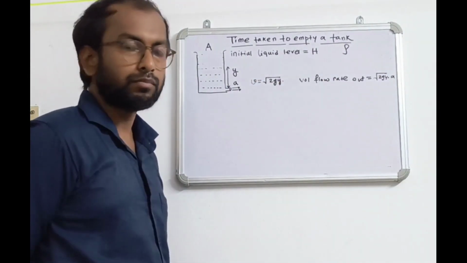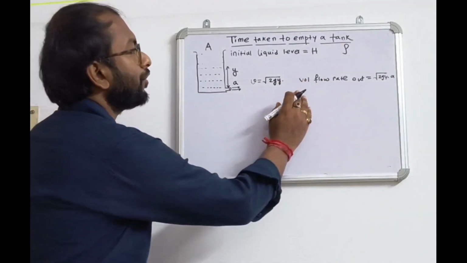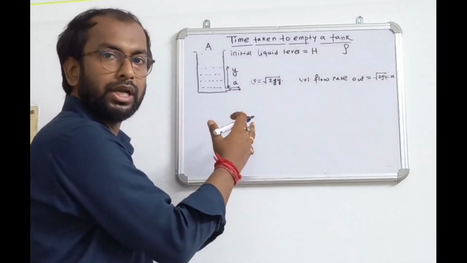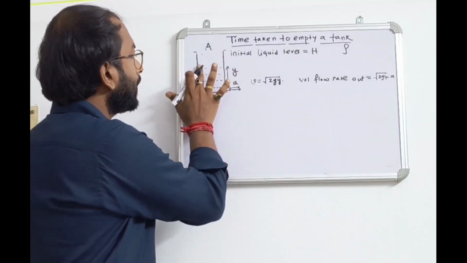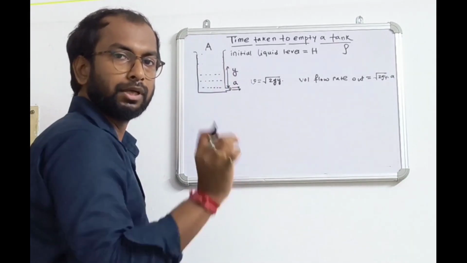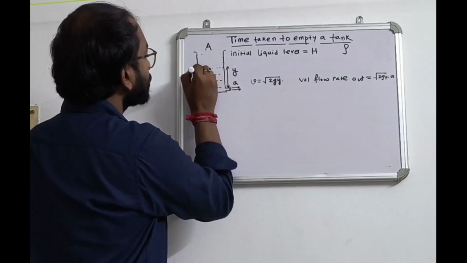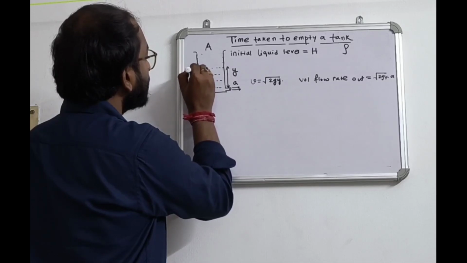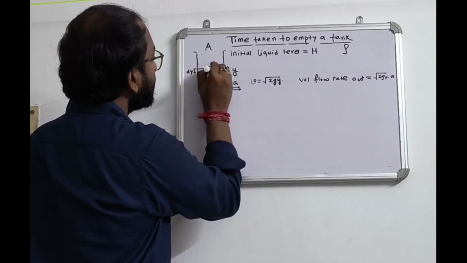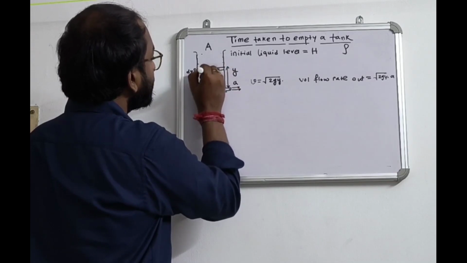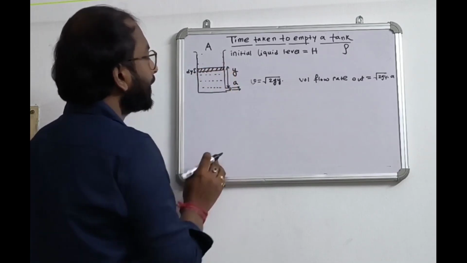Now suppose due to this volume flow rate out, the liquid level in the container gets reduced by a small amount dy in time dt.